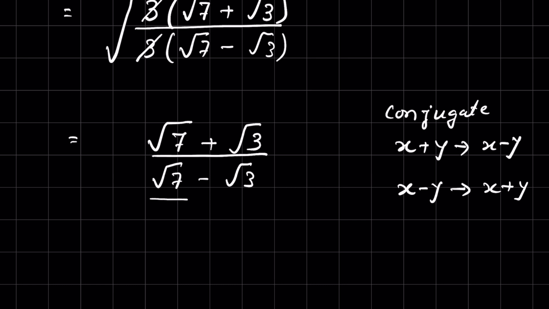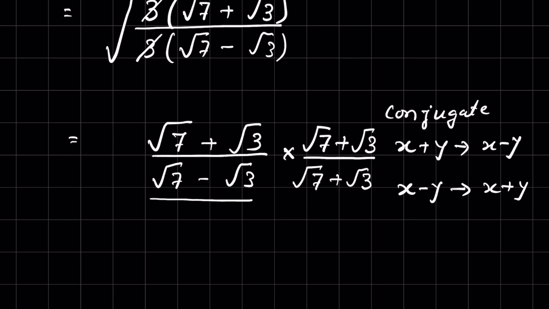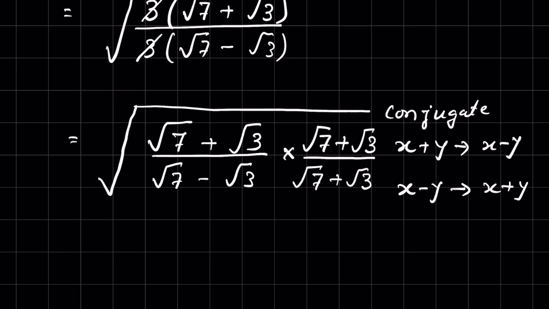So conjugate of square root of 7 minus square root of 3 will be square root of 7 plus square root of 3, upon square root of 7 plus square root of 3. We divide and multiply by the same number so that the fraction doesn't change. This is under square root.